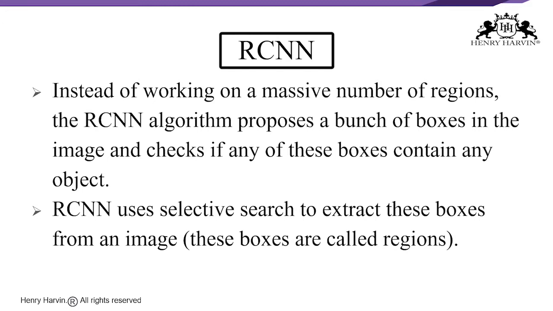So let us have a clear understanding of region-based convolutional neural networks. Instead of working on a massive number of regions, the RCNN algorithm proposes a bunch of boxes in the image and checks whether any of these boxes contain any object.